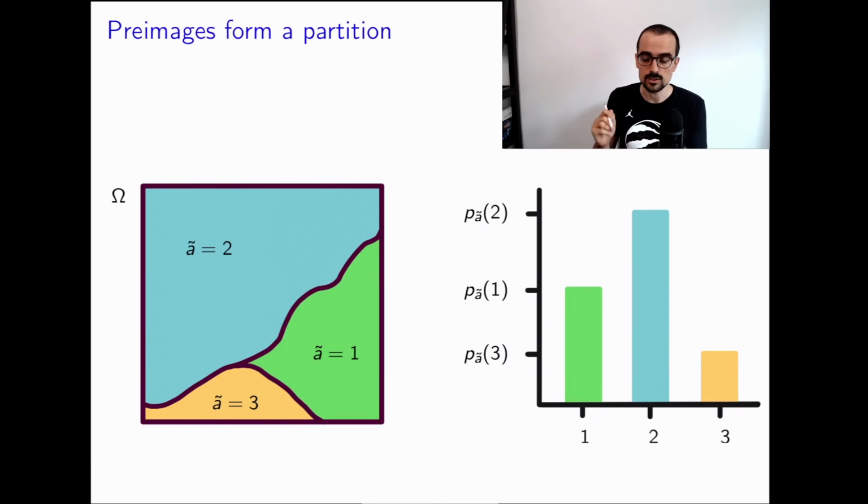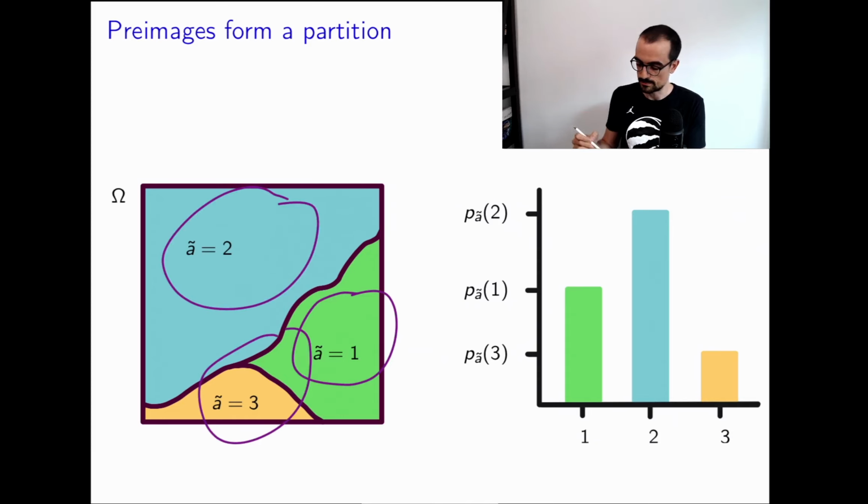Okay, so let's go back to these preimages, because now we're going to derive some important properties of the PMF, the probability mass function, and we're going to need to understand this a little bit in detail. It turns out that the events that map to the possible values of the random variable form a partition.